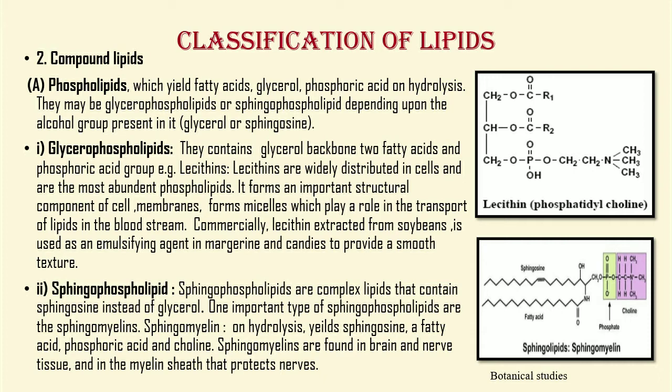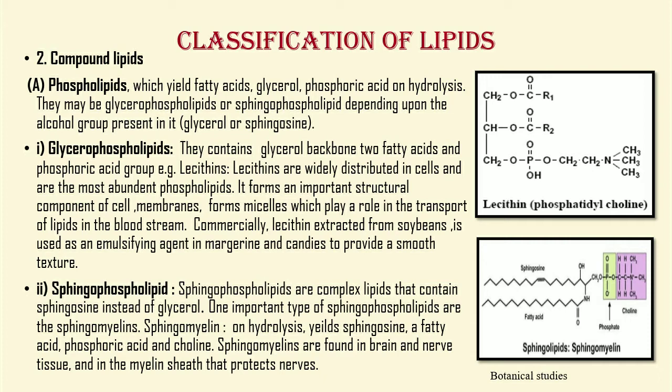It forms an important structural component of cell membranes, and plays a role in the transport of lipids in the bloodstream. Commercially, lecithin extracted from soybean is used as an emulsifying agent in margarine and candies to provide smooth texture.